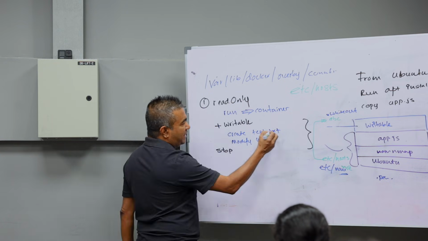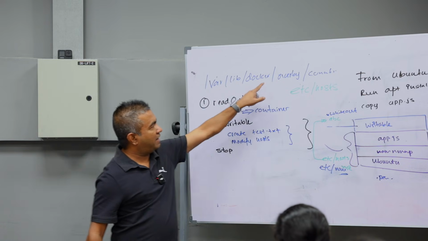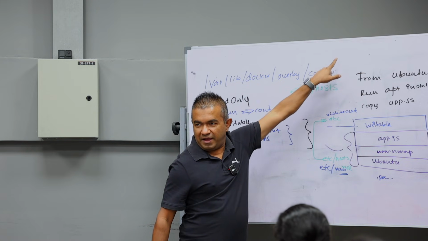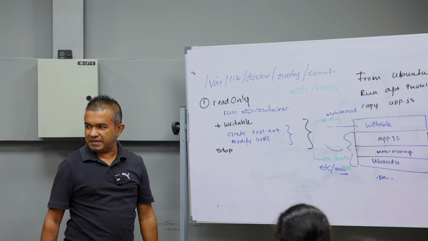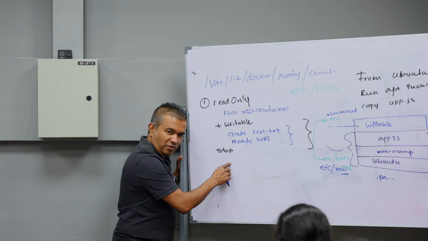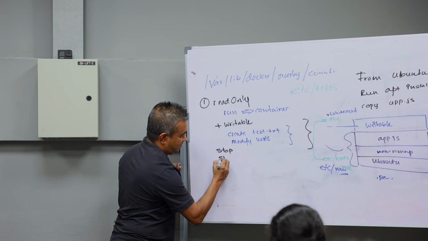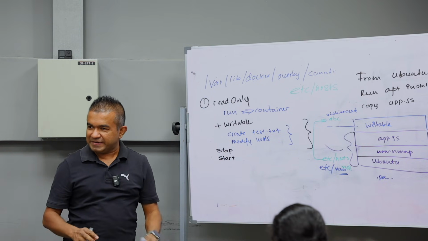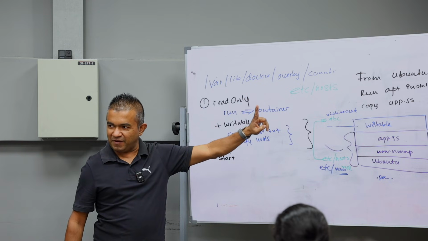But this write layer is remaining. Where? In that path, here. Right? That is there. Upper directory is there. So now what you do is you start the Docker again. Now it creates a new process, still PID 1 for the Docker.